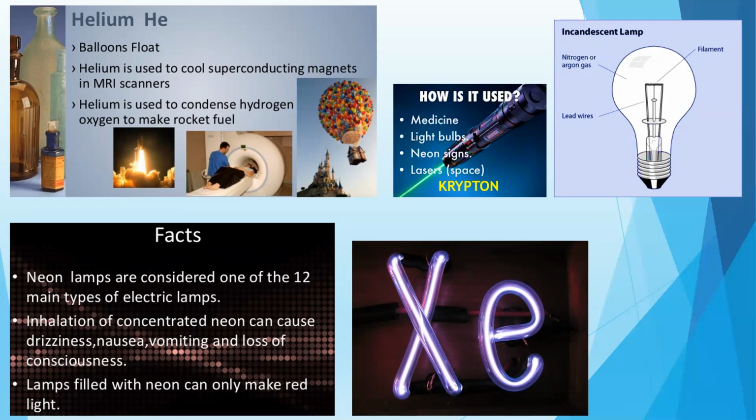Inhalation of concentrated neon can cause dizziness, nausea, vomiting, and loss of consciousness. A lamp filled with neon can only make red light. Even xenon is also used in incandescent lamps. Xenon can also react with fluorine to form many different compounds.